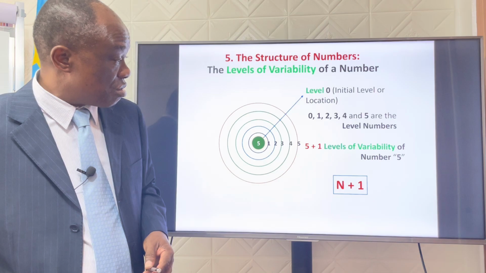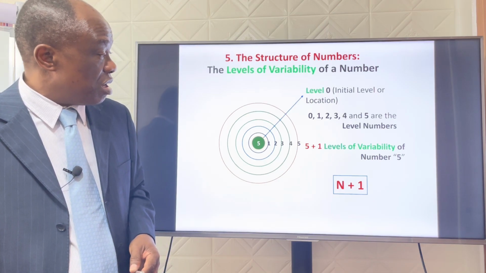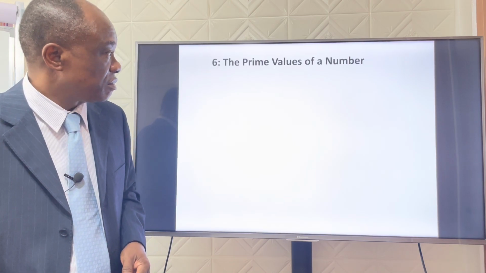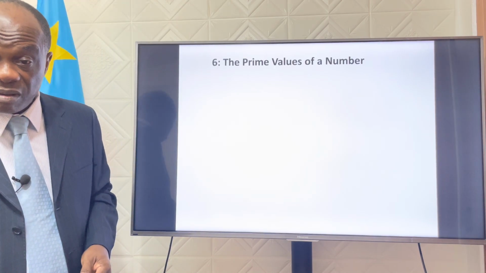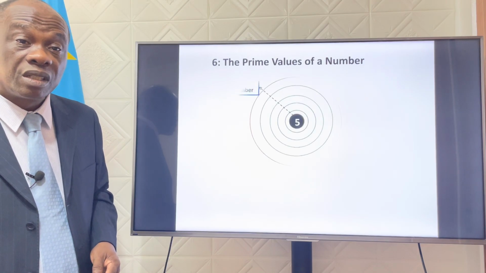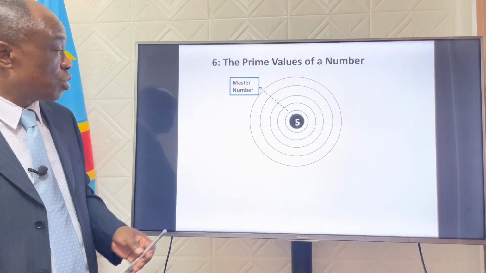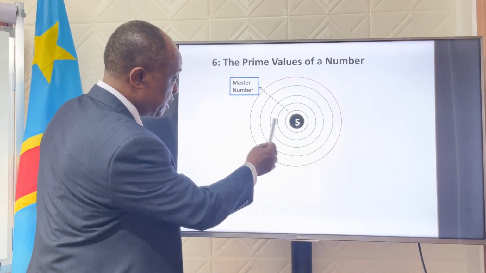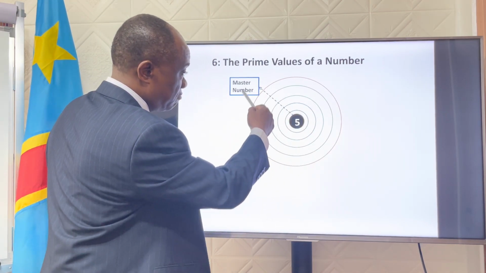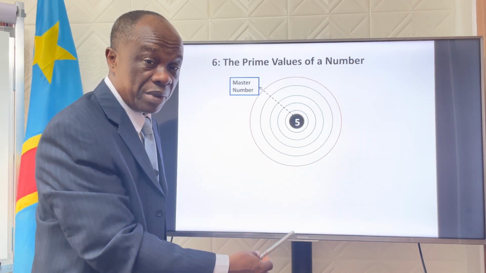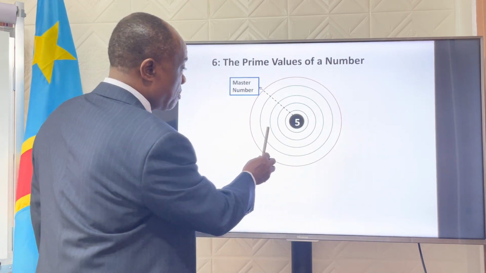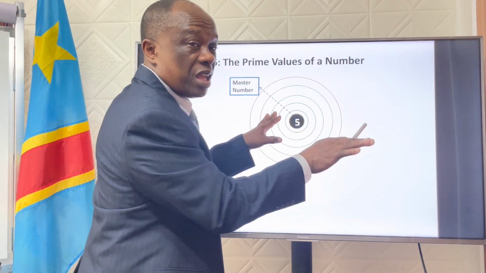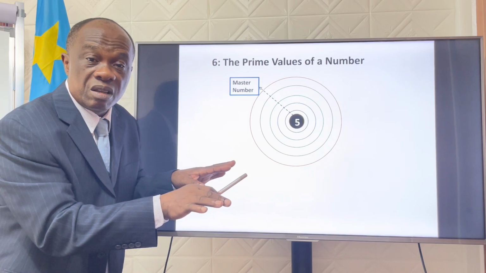So next, we have said that numbers vibrate when you count them. So if you have a number, it is vibrating into the levels of variability. It will take a different value at every level it goes.